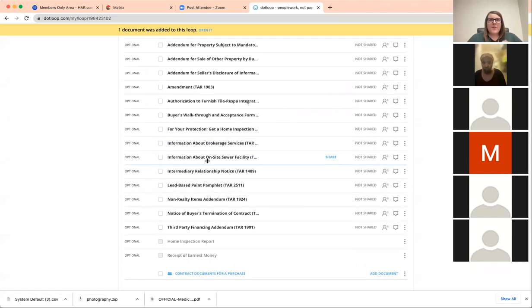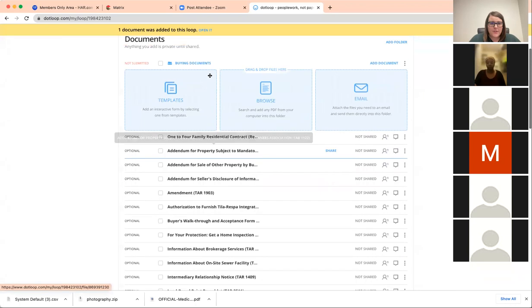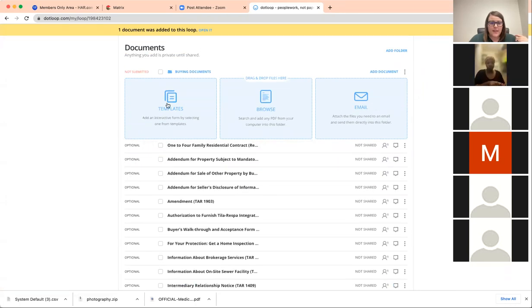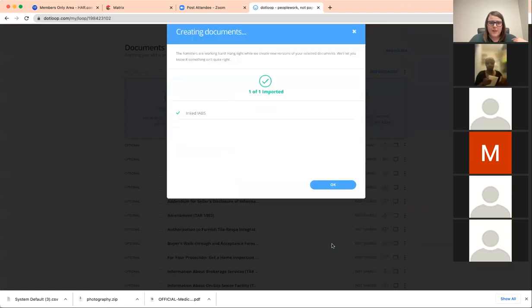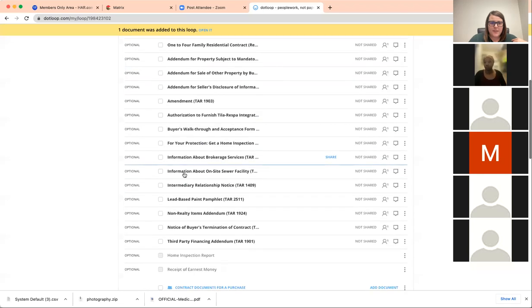Now remember, when you're working with a buyer, there are two forms we automatically require as a brokerage. Well, one is automatically done by TREC, which is the information about broker services. I have a templated one in my dot loop already with all my information.